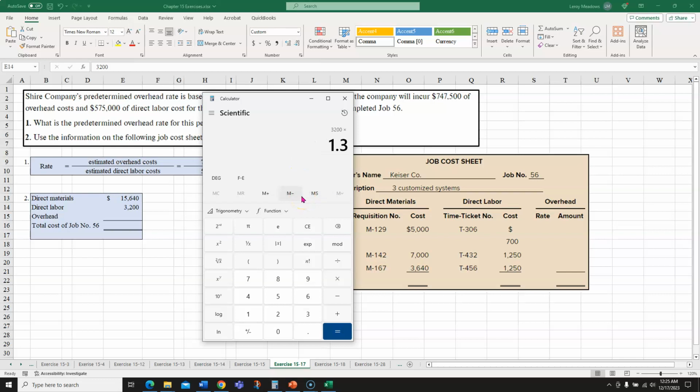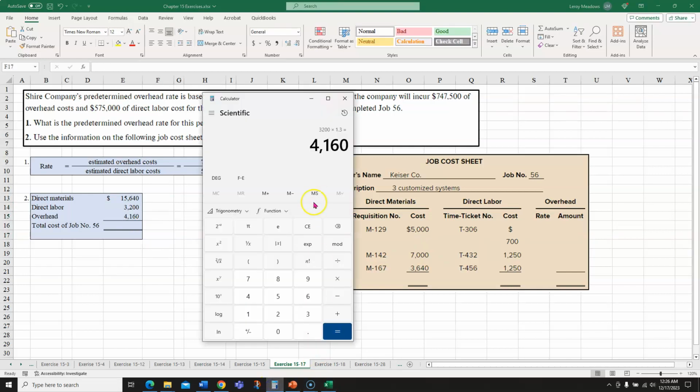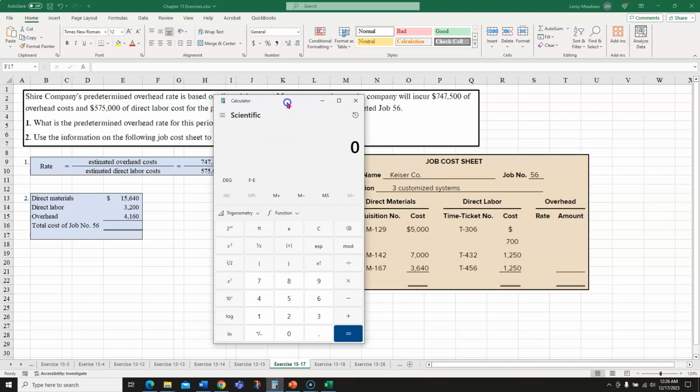1.3 will give me overhead applied to the job of $4,160. So my total cost for the job should be, I'll just add up my materials, labor, and overhead.